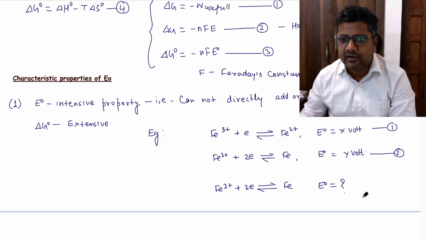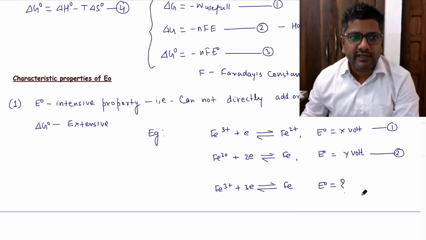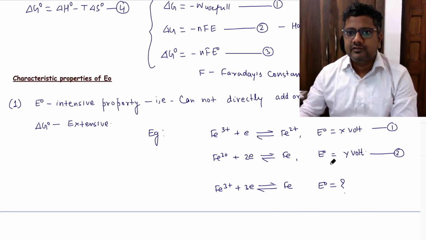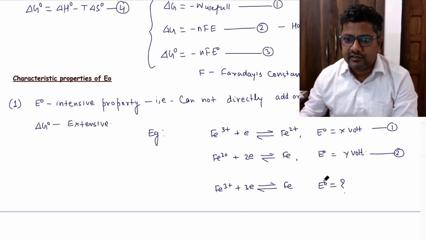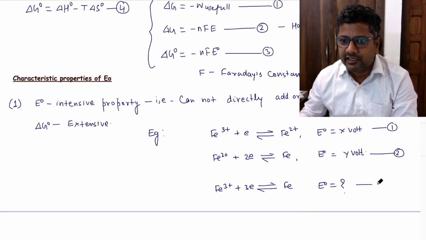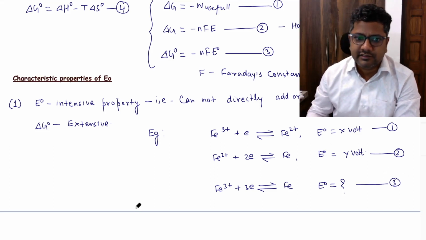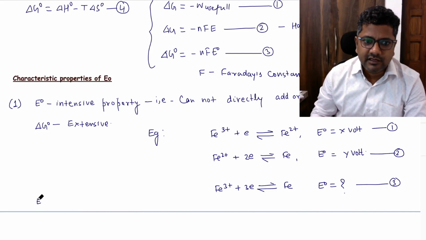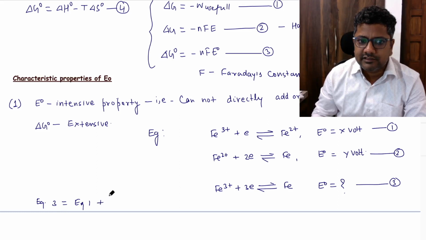So this E naught is equal to X plus Y volt, right? So this is equation 3. So equation 3 is equal to equation 1 plus equation 2.